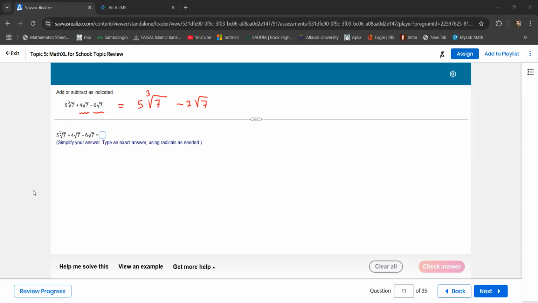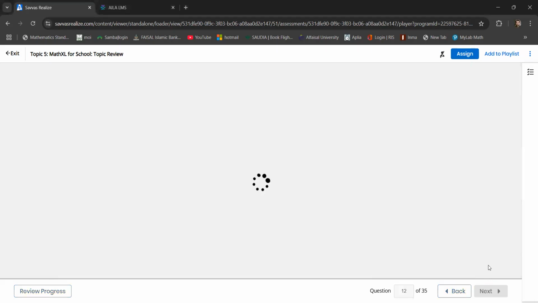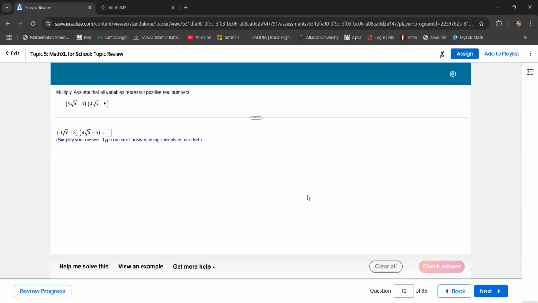Moving on. 9 square root of x minus 3 multiplied by 4 square root of x minus 5. So let's remember the rules of multiplication.